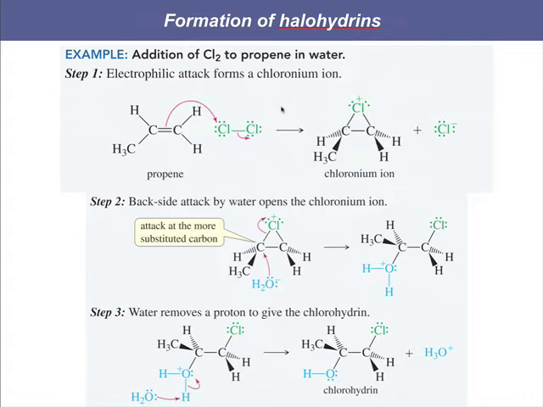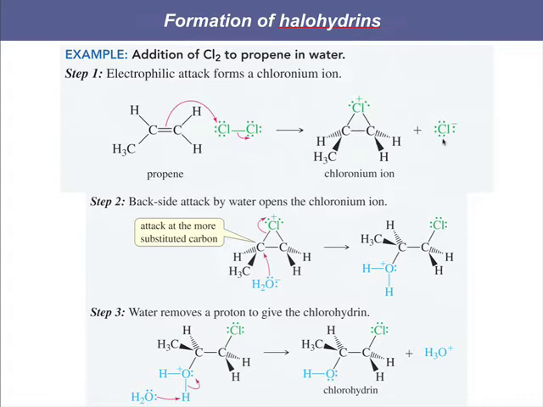Then, instead of the chloride coming back and adding from the backside of this chloronium ion and opening it up, which is what happened when we did anti-addition of the halogens, that got us our anti-dibromides, for example. But now we have water in our reaction, and water is a better nucleophile than chloride.